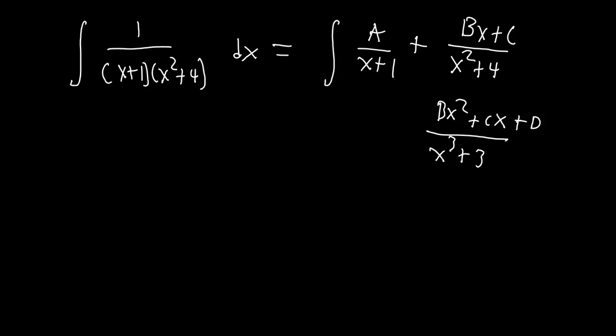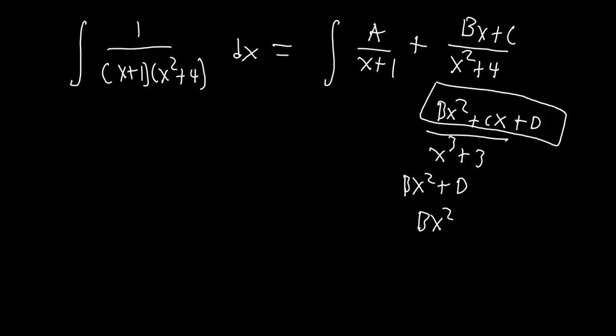Make sure you write the whole thing out, because you don't just do b x squared plus d. You need the cx too. B x squared plus d is not the standard equation for a quadratic; b times x squared plus c x plus d is. So write out your standard equations, is what I mean to say.